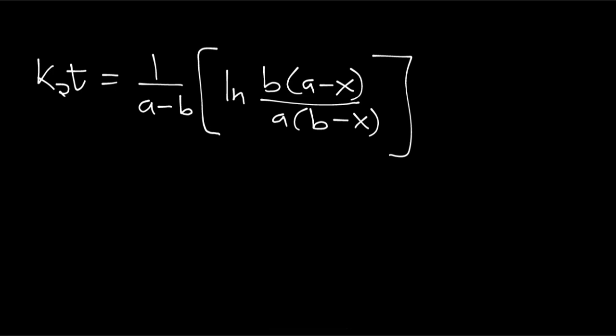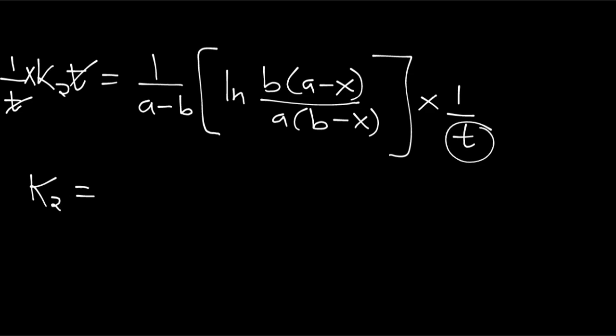Let's go on. I need to take T away from this stuff. I need to make it a denominator, or I just need to divide both sides, or multiply through by 1 over T. Let me just multiply through by 1 over T. So this cancels this out, and this gives us K2.